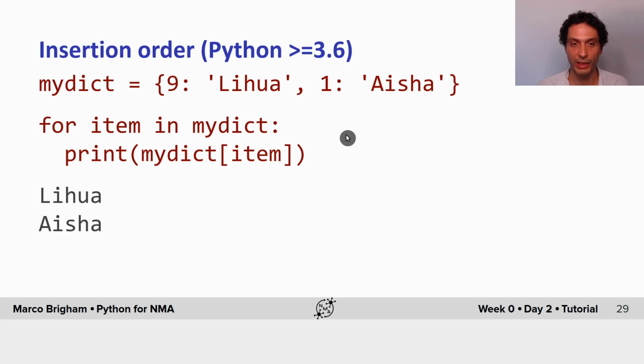The dictionary will iterate in the order of insertion. So here I'm printing the values, and then it will be lihua and aisha. If I had reversed it, it would start with aisha and then lihua.